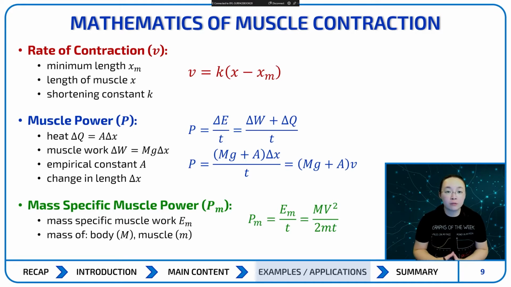So it's a subset of the total amount of work that's being done. So we call the mass-specific muscle work EM because it's a small component. And so your PM for your specific muscle power is going to be that energy divided by T. And so you end up with mv squared over 2mt, where M is the mass of the body and little m is the mass of your muscle.